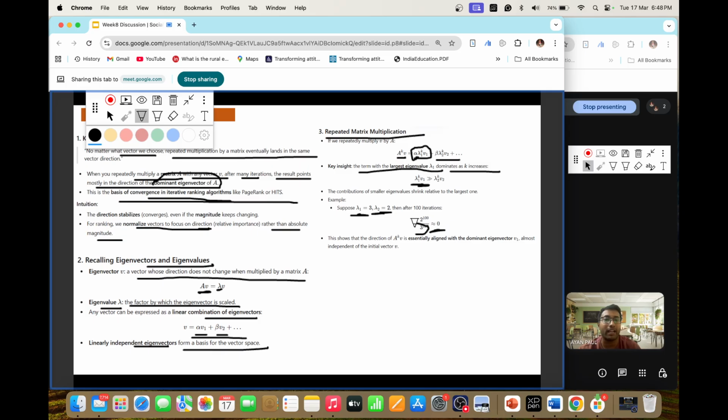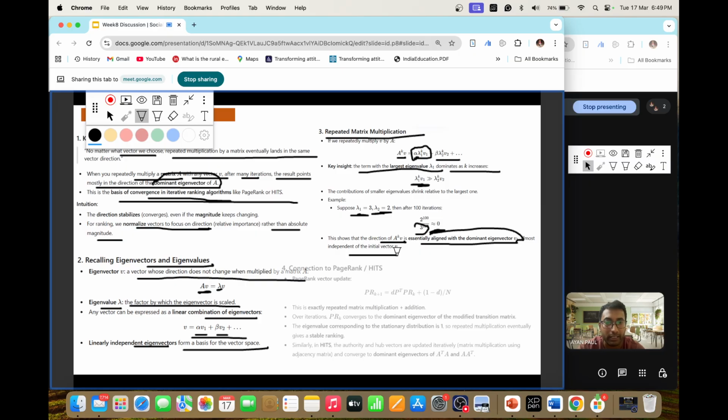So if we keep the largest eigenvalue in the denominator, after many iterations the ratio will eventually be 0. That shows the power of the largest eigenvalue. This shows that the direction of A to the k times V is essentially aligned with the dominant eigenvector V1, almost independent of the initial vector.